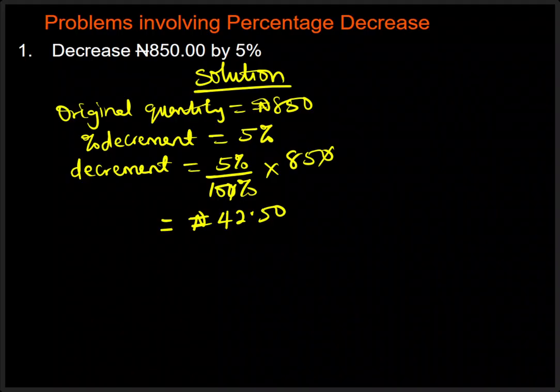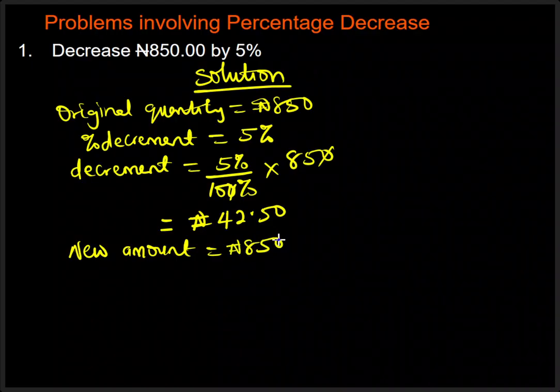So can we get the new quantity or the new amount? So the new amount will be equal to 850 naira minus, we are in decrement. Decrement means reduction. So minus 42 naira 50 kobo. And then what would that give us?